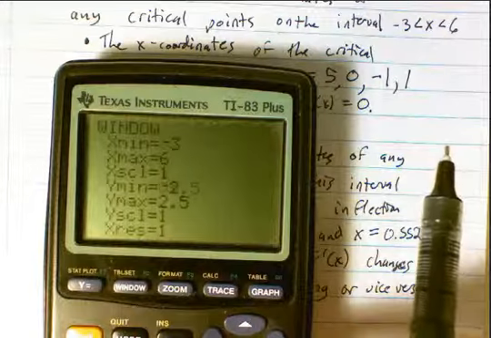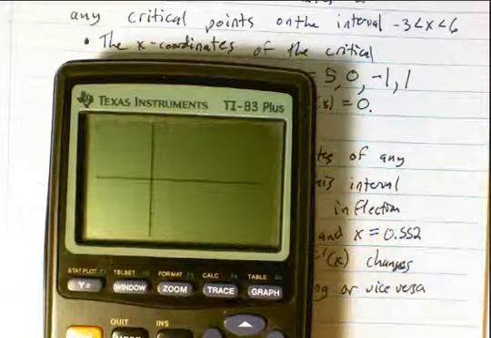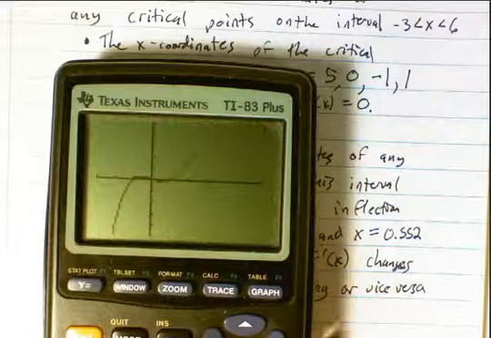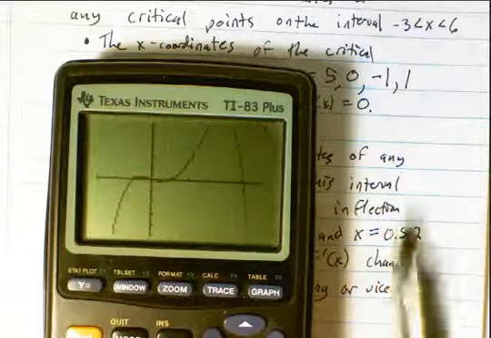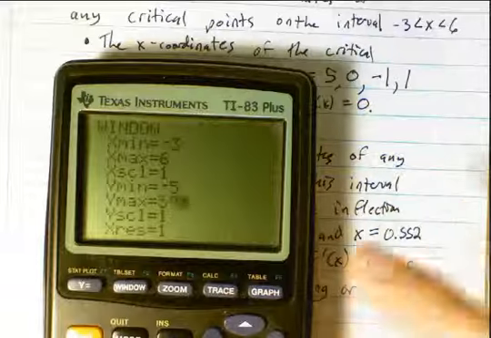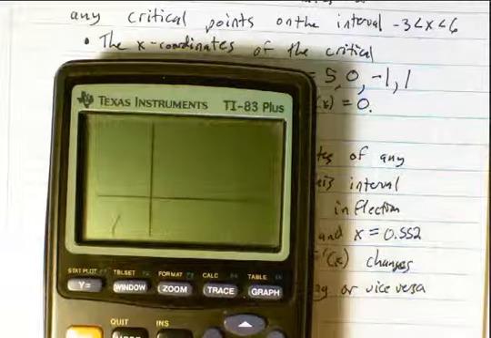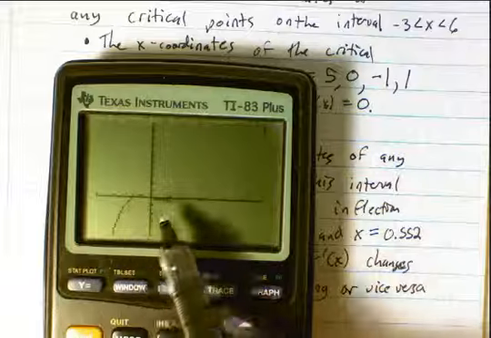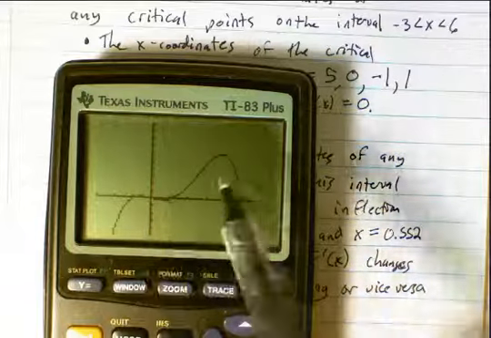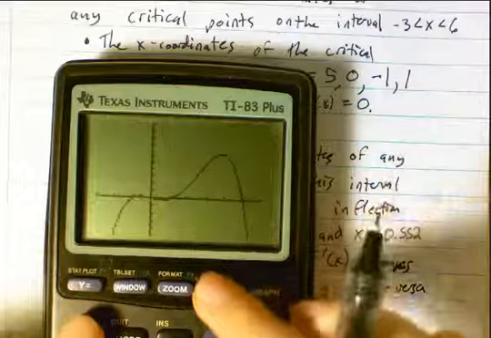So let's make this like -5 and 5 and see if we can see our other maximum. Still can't, so let's go back to this. Let's make that y maximum 10. Now we can't see these relative maxima and minima very well anymore, but now we can see this one. So we need that for our final one.